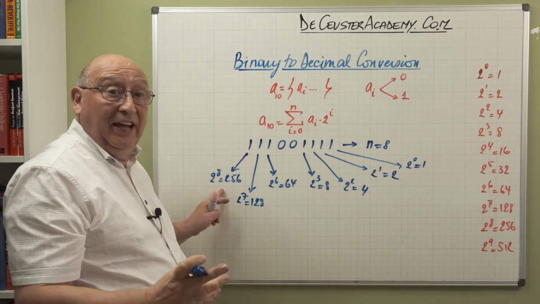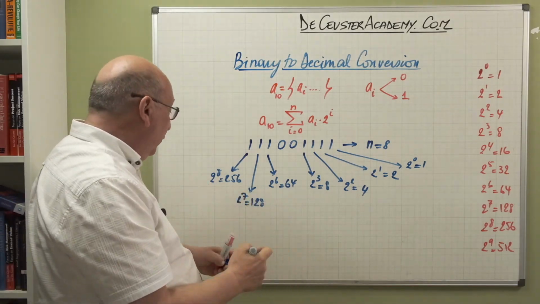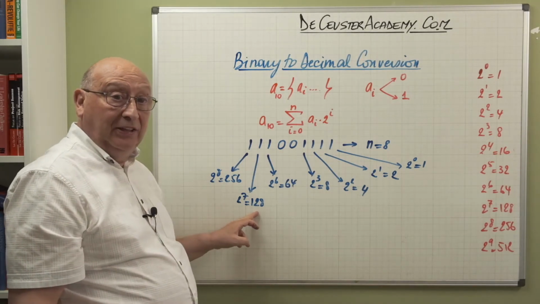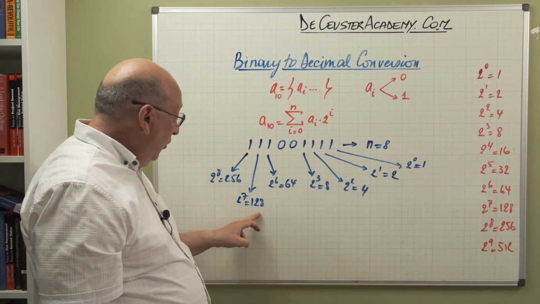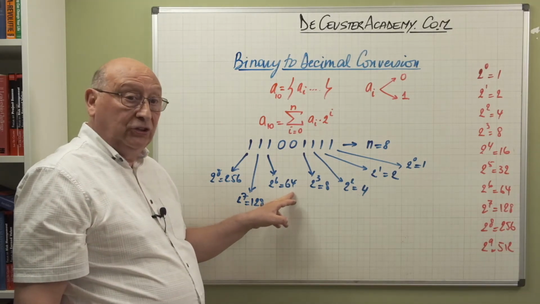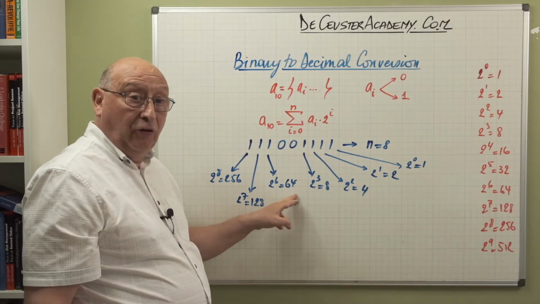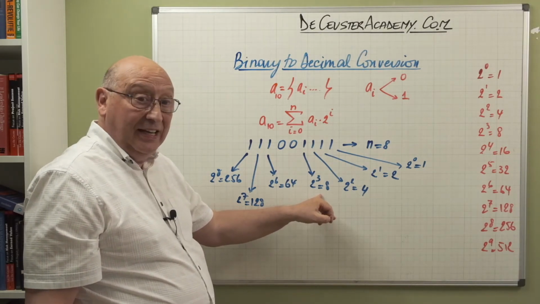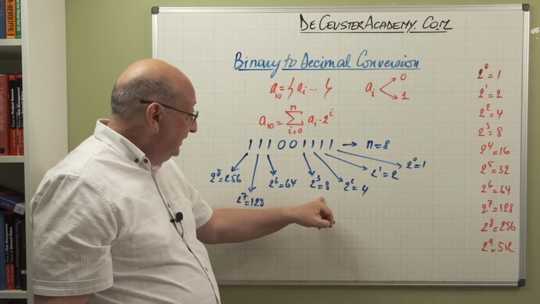So basically what I have to do here is to add all these numbers. 256 plus 128 is 384. 384 plus 64 is 448. Then I add 8, so I have 456.